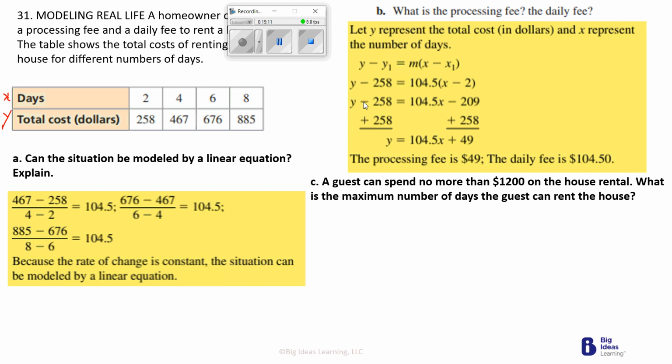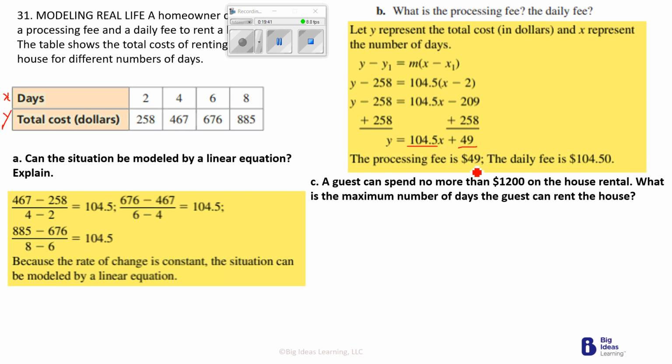I'm going to have to add 258 to both sides to isolate my variable y, and that gives me y equals 104.5x plus 49, right? Take the big number minus the small number, keep the sign of the big number. That means the processing fee, what I'm getting charged to process, is $49, and my daily fee is $104.5.